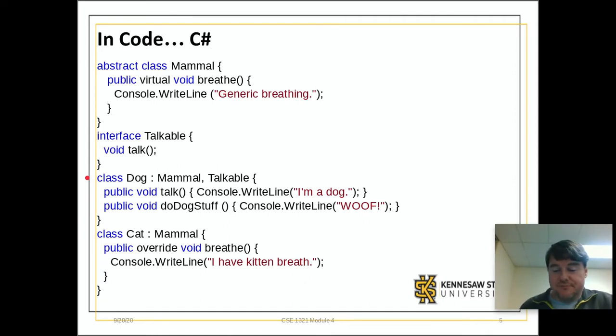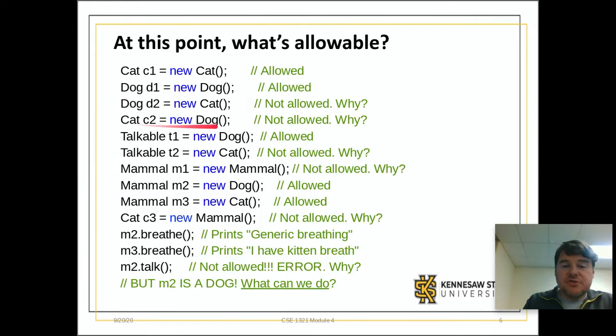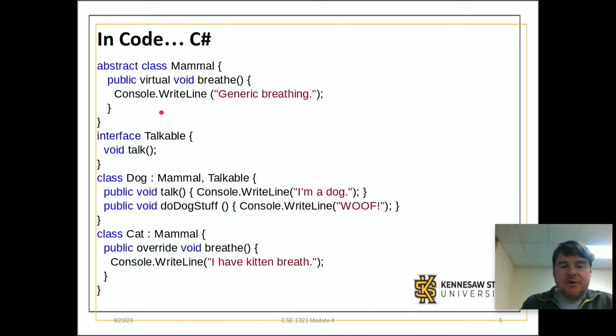I can instantiate it. But now we're going to try and do some crazy things. Neither of these two lines are allowed. Dog D2 gets new cat. Let's talk about why that's not possible. We tried to make something of type dog, and we tried to instantiate a cat on it. That sounds like polymorphism, but it's not, because cat does not extend dog. Cat extends mammal, and dog extends mammal. They're both children of mammal, but they are not children of each other.